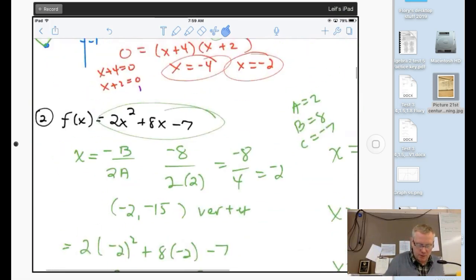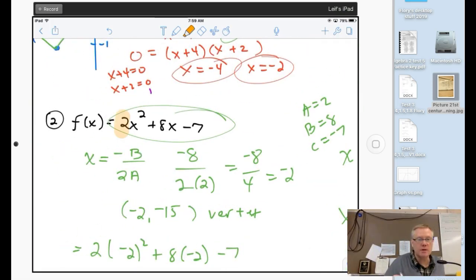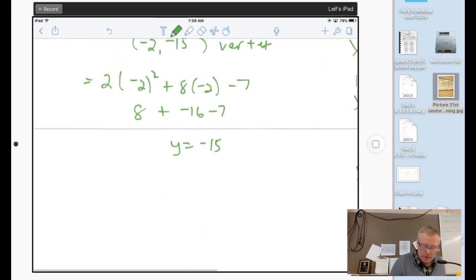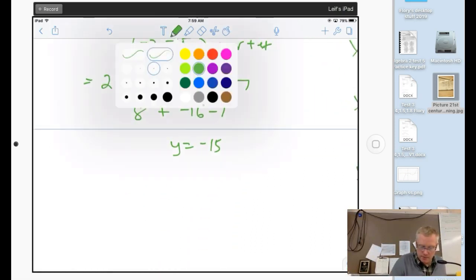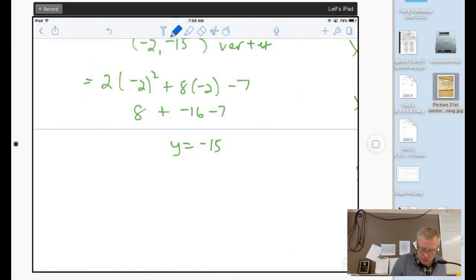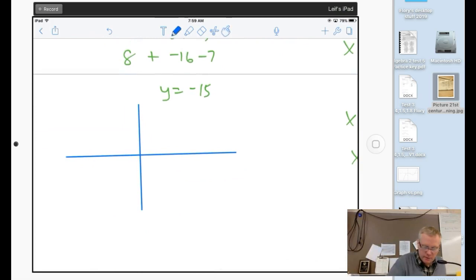If I look back at the original equation, A is positive, so that's going to open up. So it's up and up will be the end behavior. So if I graph this quickly, my vertex is -2, -15, so we'll say that's way down here somewhere.